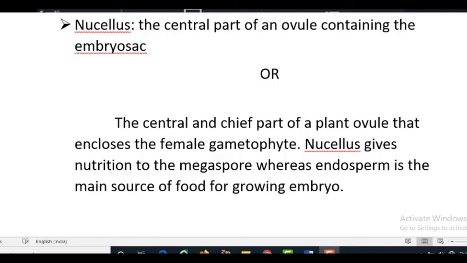Second point, once again I am saying, the central and chief part of a plant ovule that encloses the female gametophyte. Nucellus gives nutrition to the megaspore, whereas endosperm is the main source of food for the growing embryo. This we will learn in detail afterwards. Just now you have to understand this much, what the point is that we are covering here.